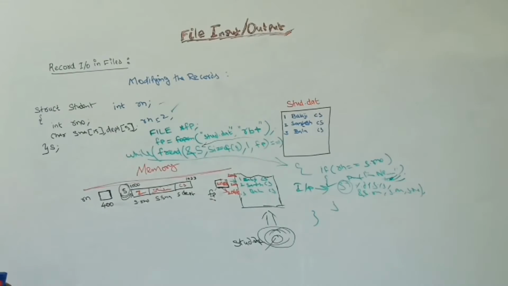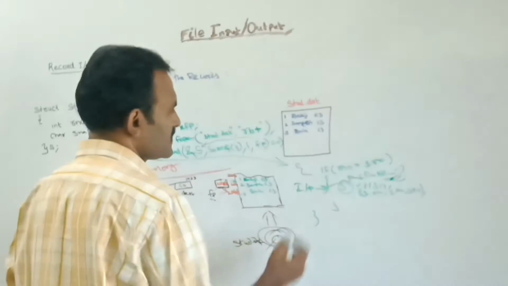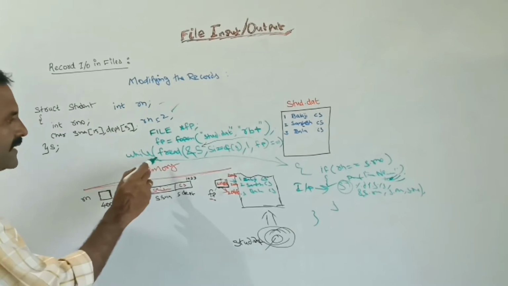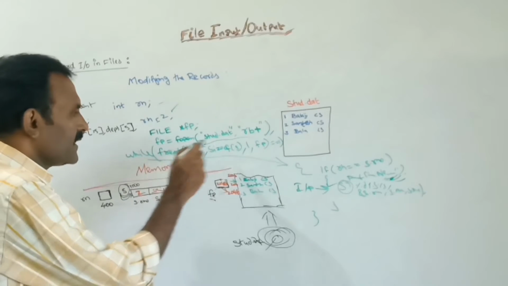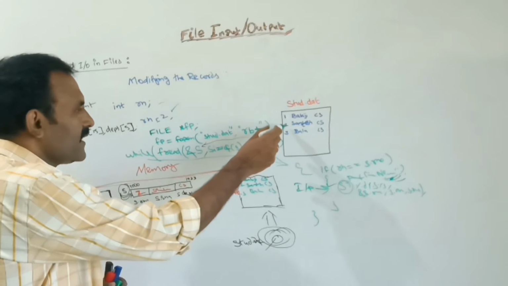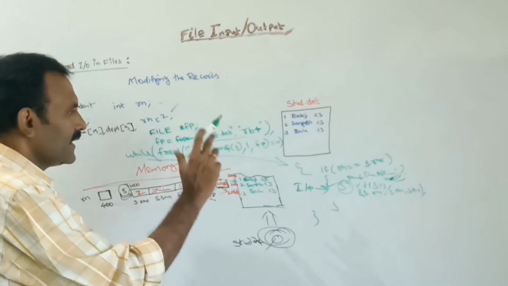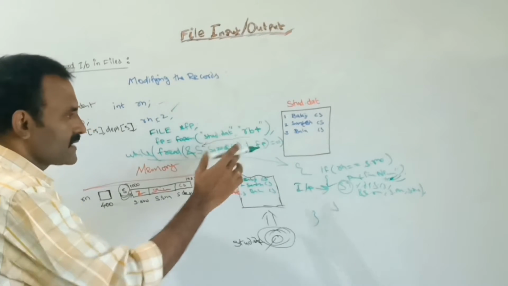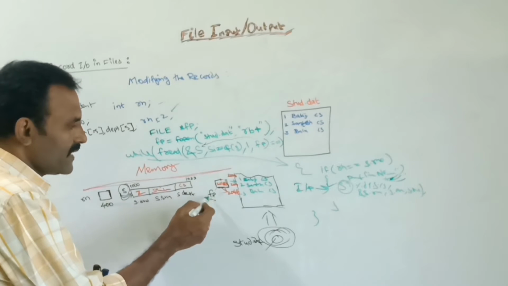Next step, I am using the seek function. See here, because I have already told you, whenever we are reading the value, after reading it returns the value 1 if there is a record. Next it moves to the beginning of the next record. So now currently where is this file pointer?